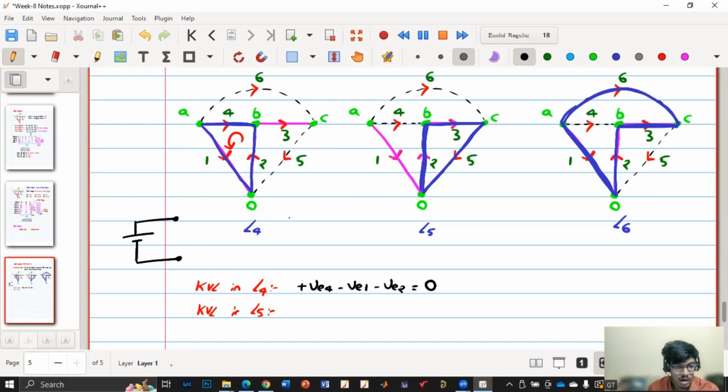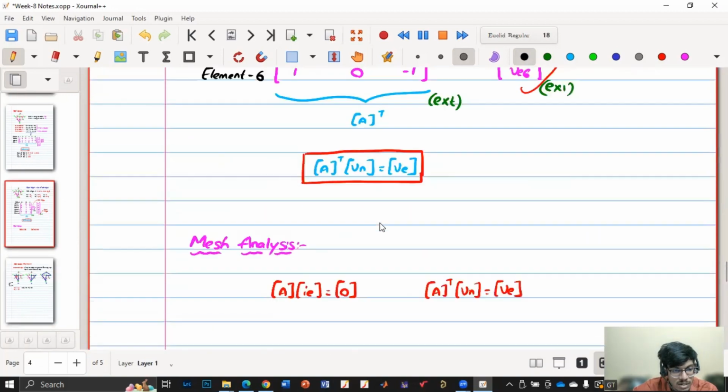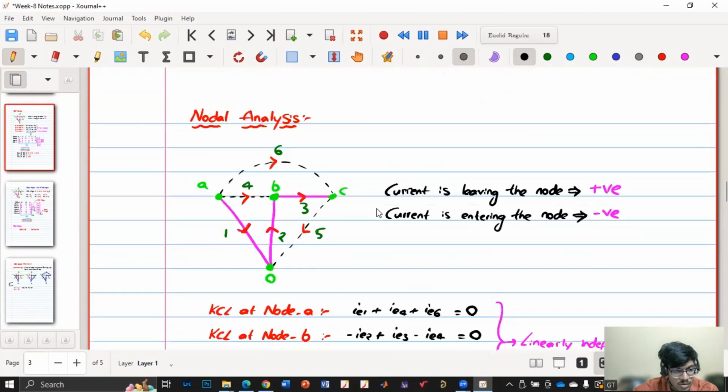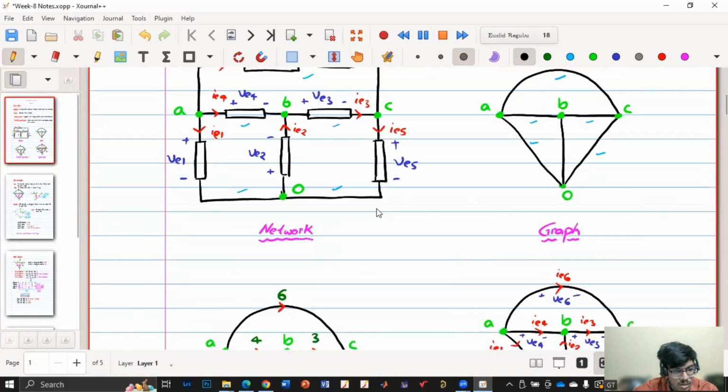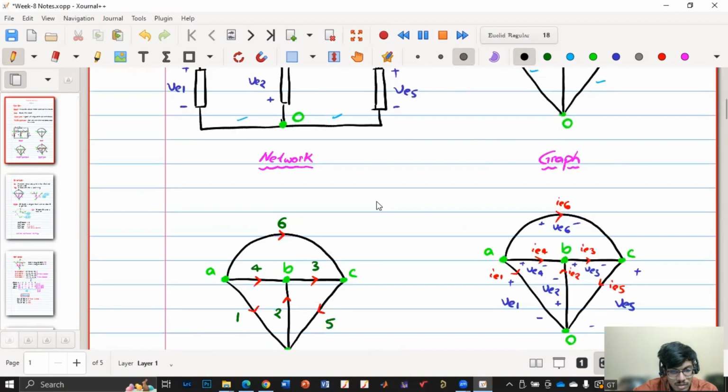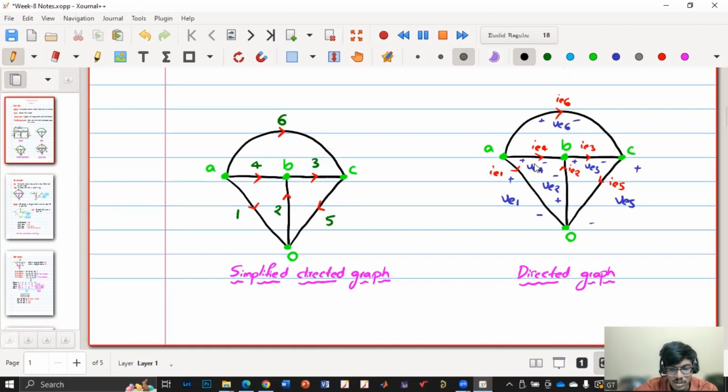You mean to say according to our convention. Yes, sir. But in this convention, VA is at a higher potential compared to VB. So if we are going from VB to VA, there is an increment in the potential, so it will be plus. There is a decrement when you come from VA to O, and from O to B there is another decrement.